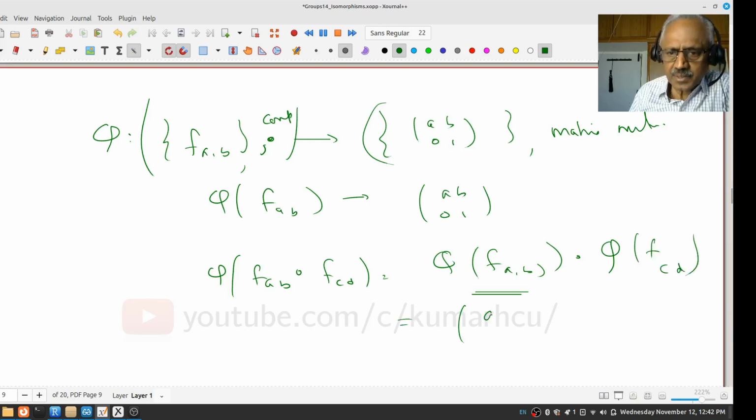This is the matrix multiplication of [[a, b],[0, 1]] and [[c, d],[0, 1]].